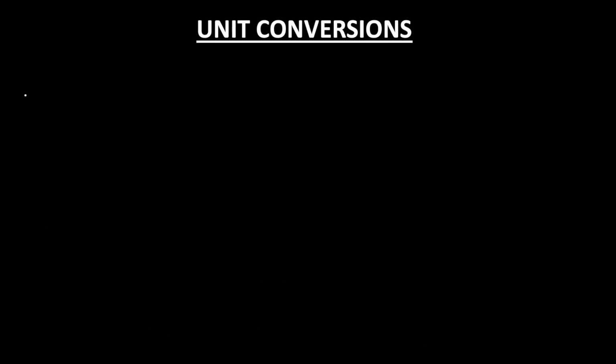Now, as you start taking physics, it may seem easy to do unit conversions, but the more modules you take and the more in-depth you go, it's going to become more and more complicated if you don't know how to do unit conversions. So now I'm going to give you a few standard conversions that you need to know before starting.